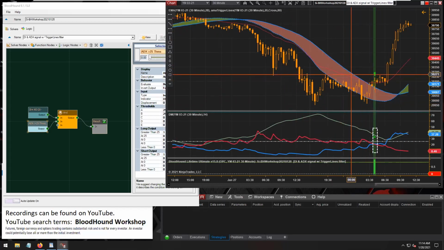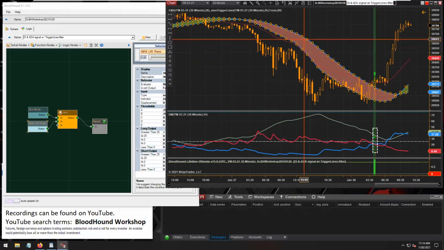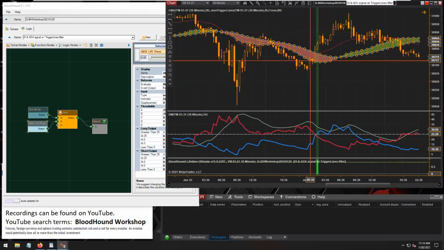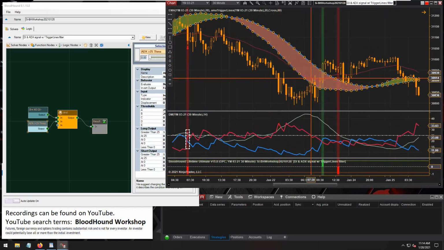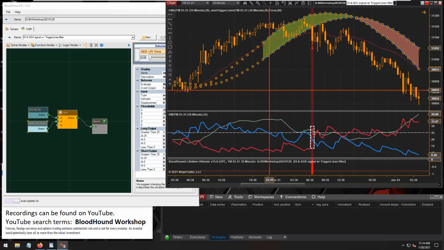Okay, so the trigger lines are pointing down. So the slower trigger line is on top when the trigger lines are sloping down. So this long signal, trigger lines were sloping down.